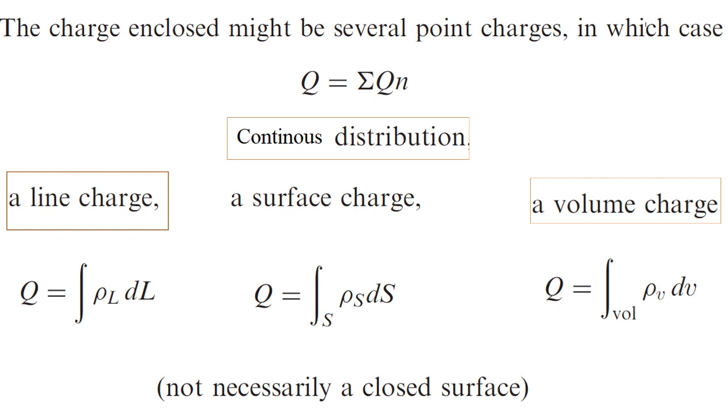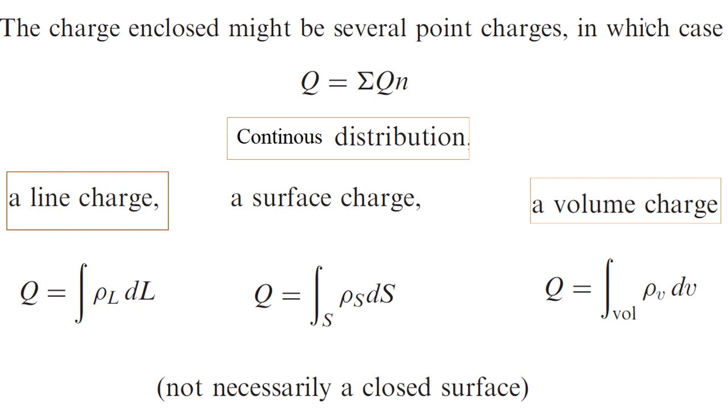And I think you all remember what dl, ds and dv are in different coordinate systems. For cylindrical we have different dl, ds and dv, for spherical different, and for rectangular it is different. Now you will remember what dl, ds and dv are. One main point here is that to calculate Q, we need no closed surface integration.